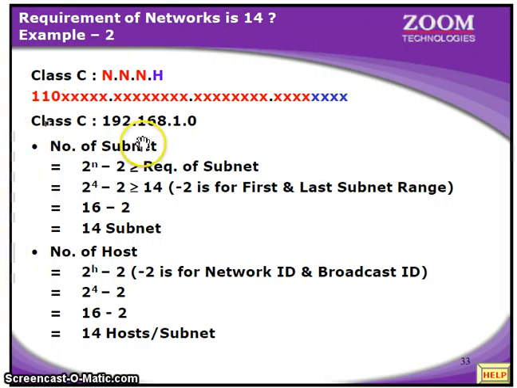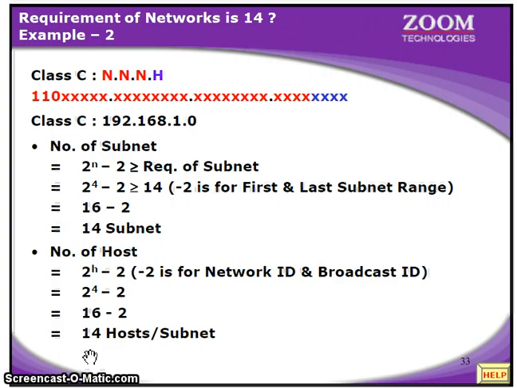So still we will take the same IP address as our starting address, and we will try to find a subnet for 14. So over here we are getting 14 networks when we use n equal to 4. Now the number of hosts in this will be 14, which is less compared to the previous case, but we have more networks.